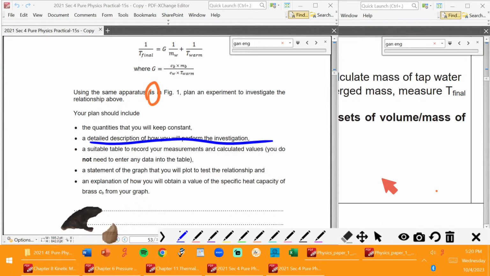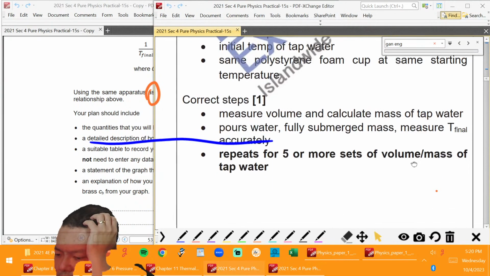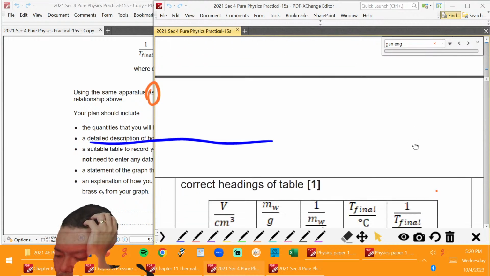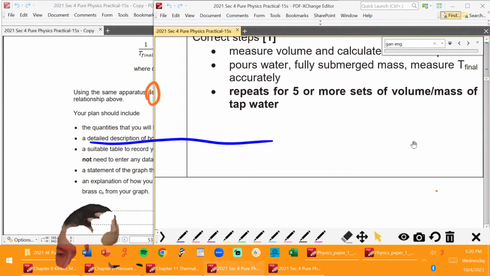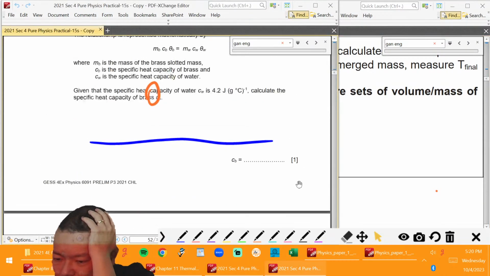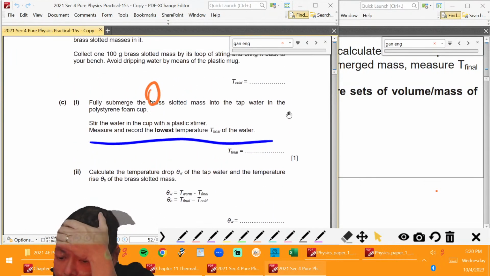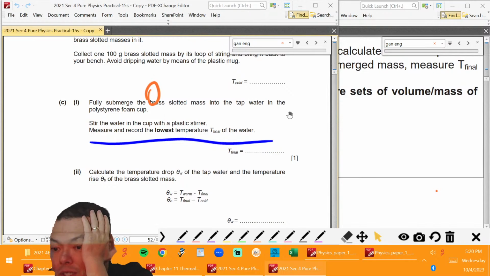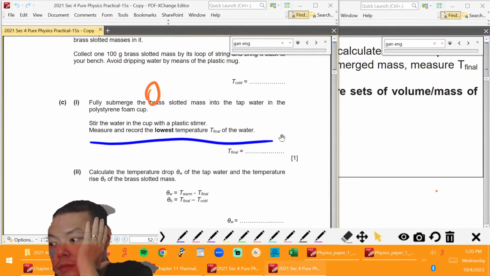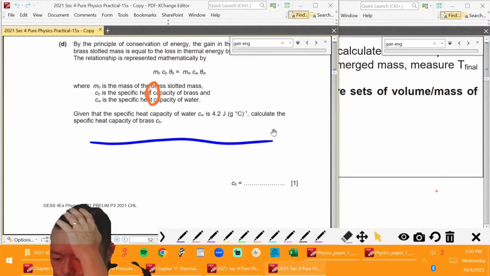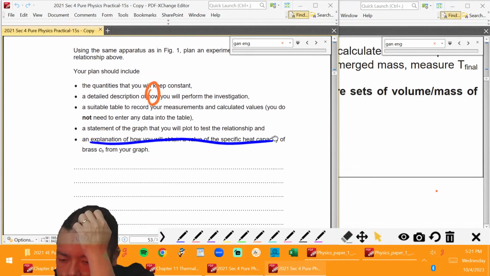They didn't mention stirring, so don't stir. Then measure the final temperature, until the temperature reaches a constant, is it? What were the previous instructions? Measure and record the lowest temperature. The lowest temperature that the water can go. Okay?